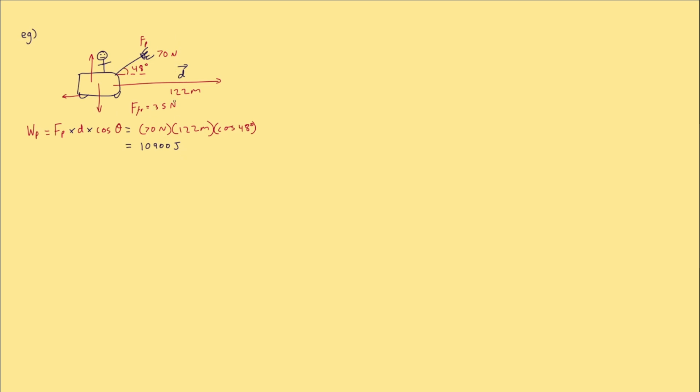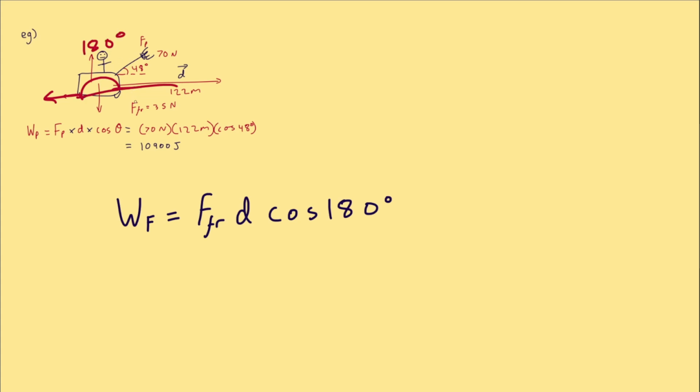How about the amount of work being done by friction? Let's label it WF, the work of friction. This is equal to the force of friction times displacement times cosine 180. We use 180 because relative to the displacement, the force of friction is at an angle of 180 degrees, and cosine 180 degrees is equal to -1.